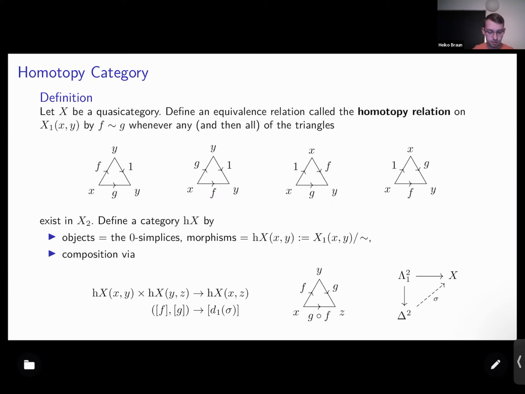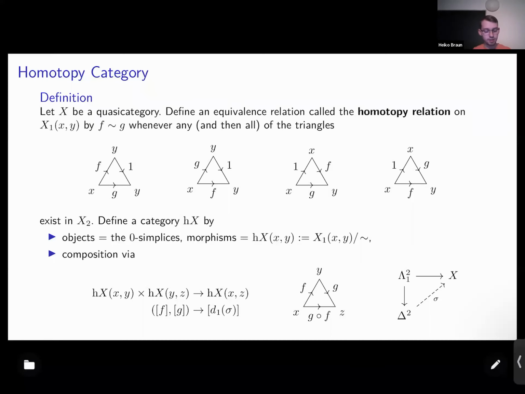In that case, here X_1 of x and y are just the edges between x and y, and f and g are two of those, and we say that they are equivalent if one of these 4 possible triangles exists, and if one of those exists, then all of them exist, the existence of all those is equivalent. And these triangles live, of course, in the 2-simplices of the simplicial set.